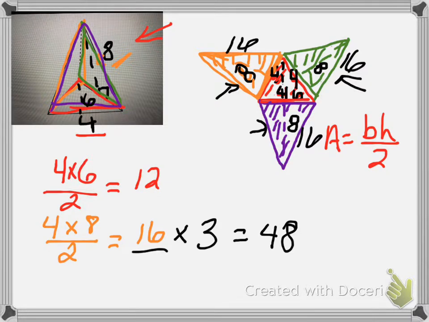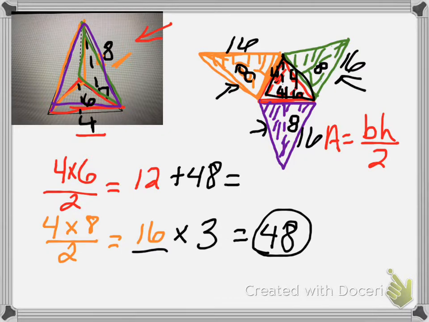So that would be the total area of the 3 face triangles on our triangular pyramid. All we have to do is add that number to the area of the base triangle, which we found earlier, which was 12. Adding those two together, the total surface area of our triangular pyramid is 60 square units, or 60 units squared.